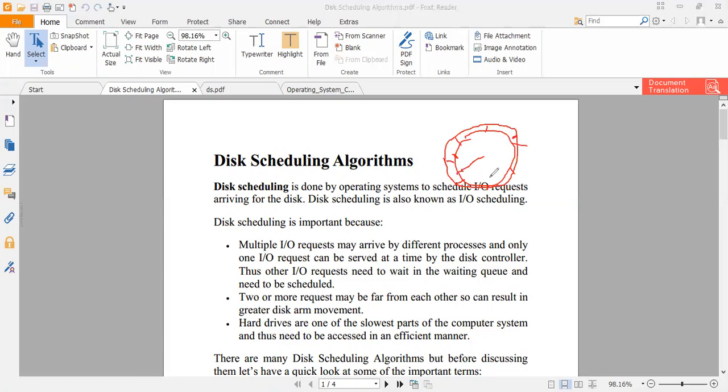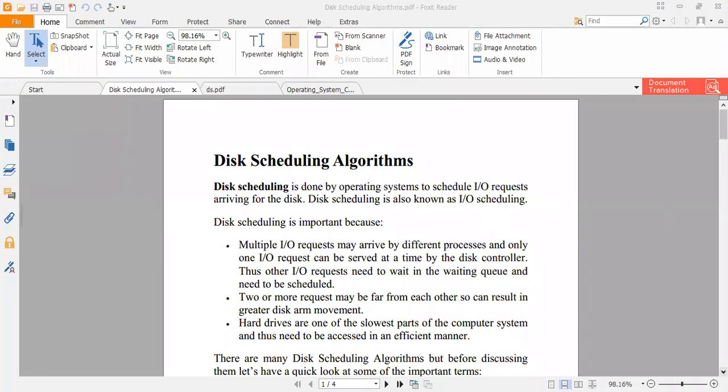And as we know, hard drives are one of the slowest parts of the computer system. Thus, there is some kind of scheduling so that they can be accessed in an efficient manner.